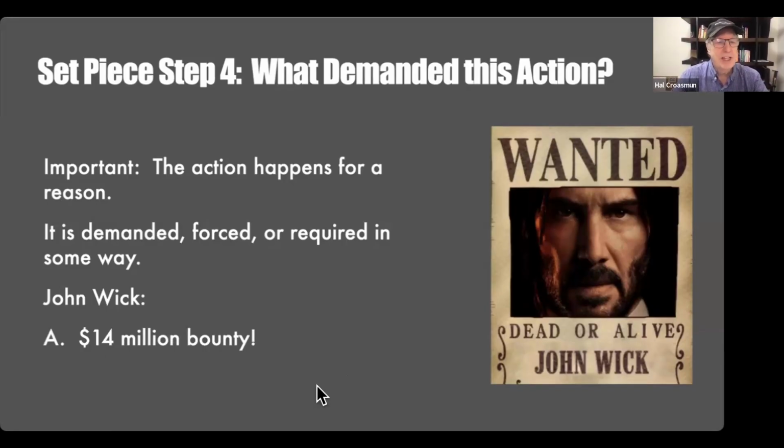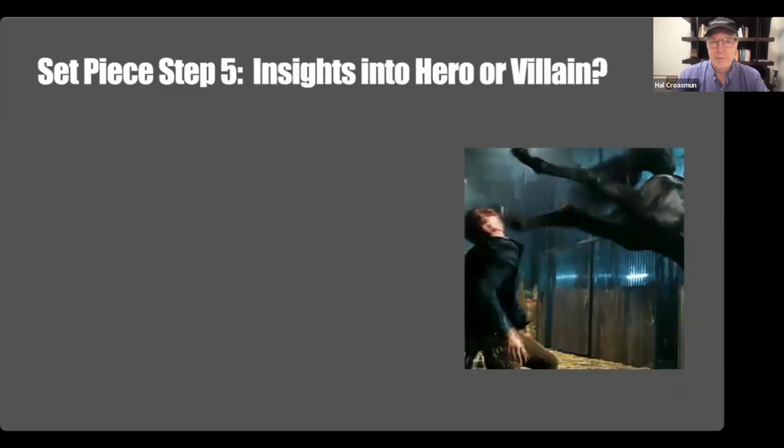At least that's what we think at that point. And the second reason that all of the action that he does is warranted is because every hitman is after him. And this is an organization that is filled with different types of hitmen and hitwomen who are all incredibly badass and well trained.